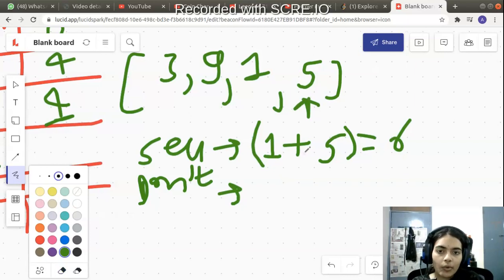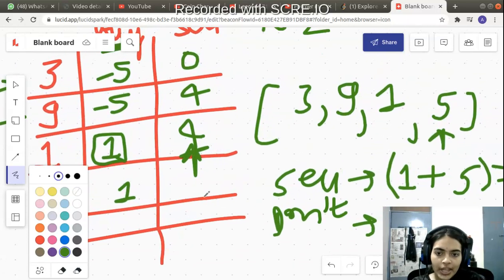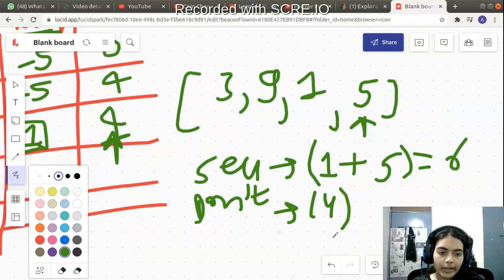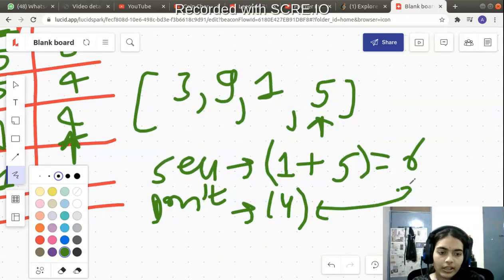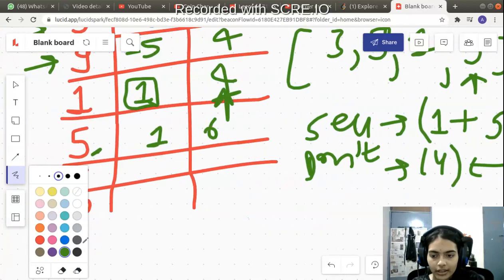Whatever your previous state, you will be at that state. So you have bought some stock and closed some stock in this case, and you remain at this state, so you will be at a profit of 4. So between 4 and 6, you will obviously choose 6. So I will write 6 here.